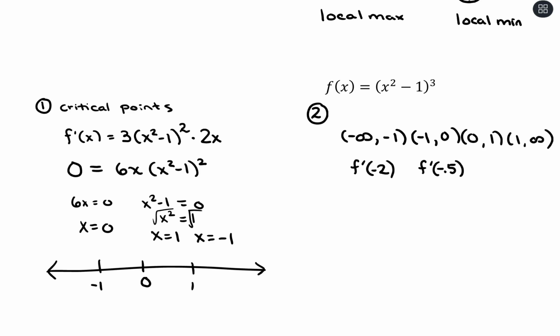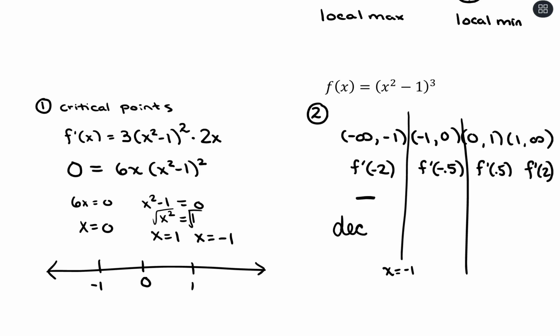And what we're going to do is evaluate the first derivative in each of those intervals. We'll have a negative 2, a negative half, a positive half, and a positive 2. And we're plugging that into the 6x times x squared minus 1 squared. So we'll have a negative 12 times 4 minus 1 squared. So that'll be a negative value. That tells me that we are decreasing there, and this is where we have our critical point, x equals negative 1.